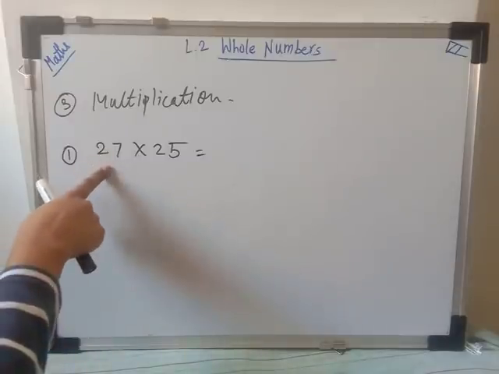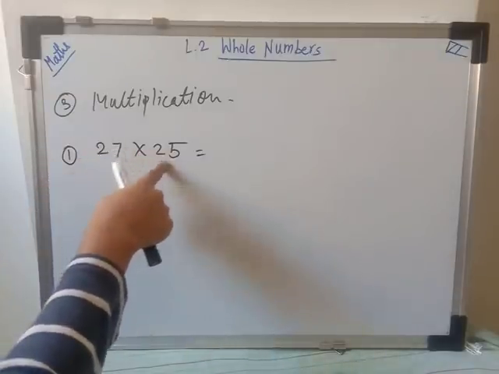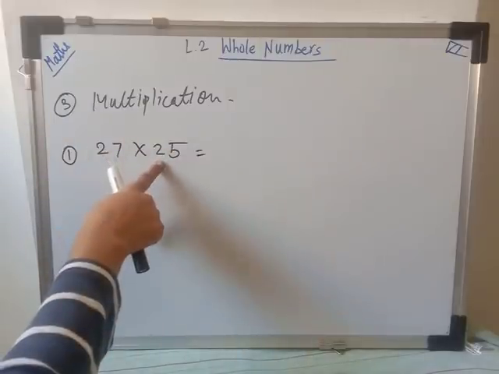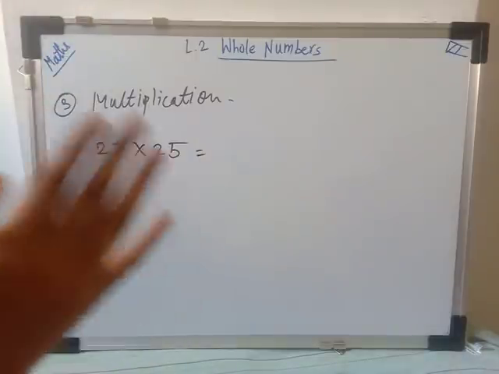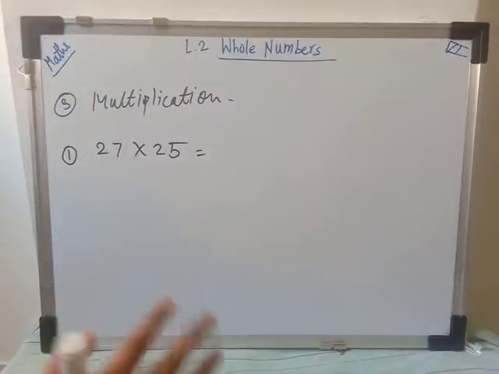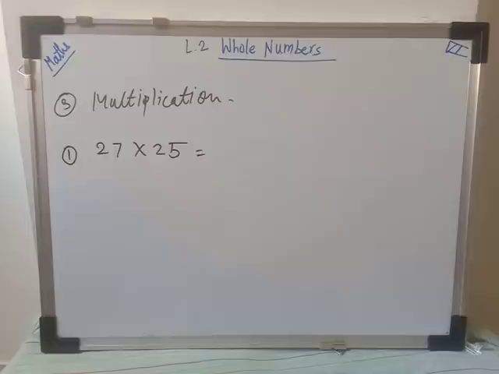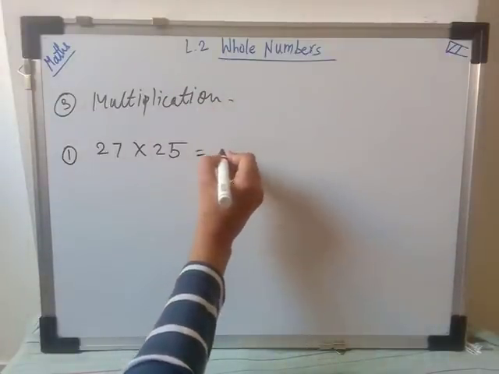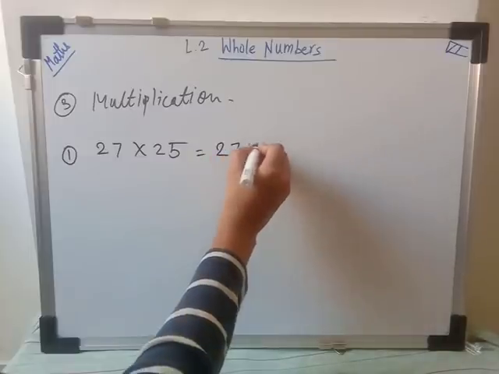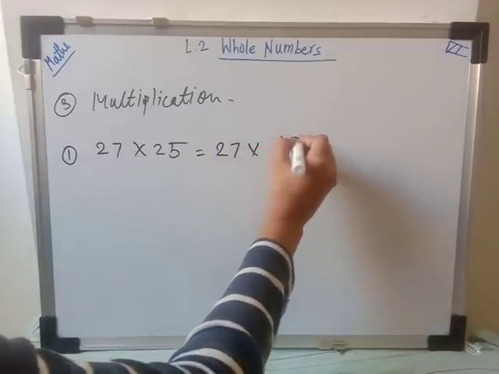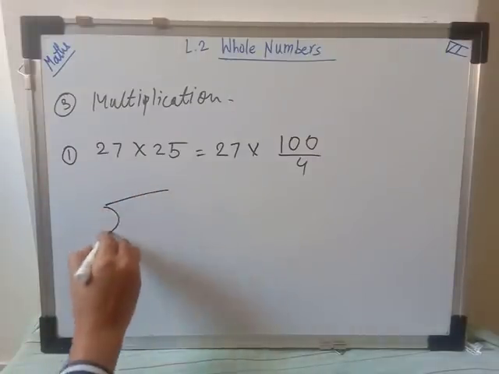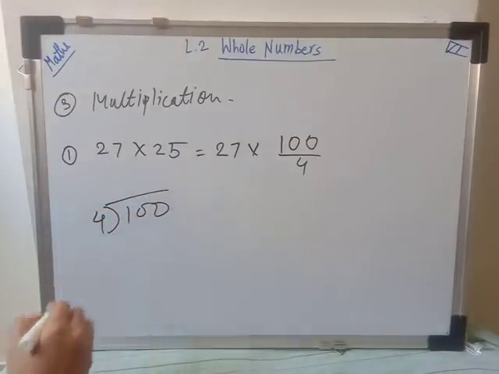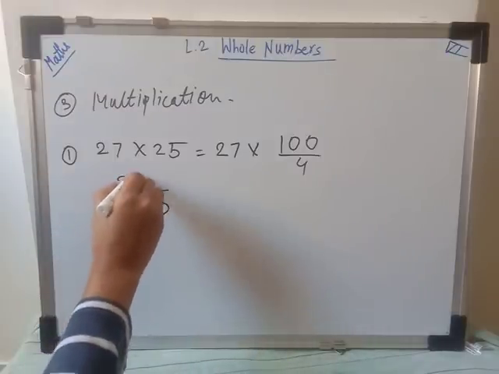Here we can use 3 and 9. 25 is divisible by 5 only. So if 27 is multiplied by 100 divided by 4, why 100 divided by 4? If we divide 100 by 4, we will get 25.